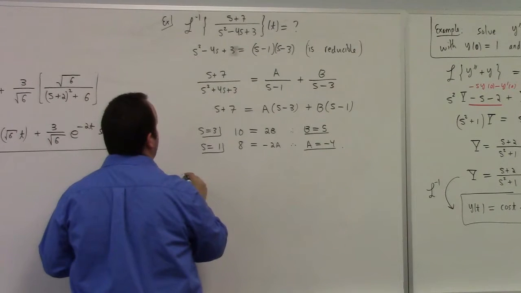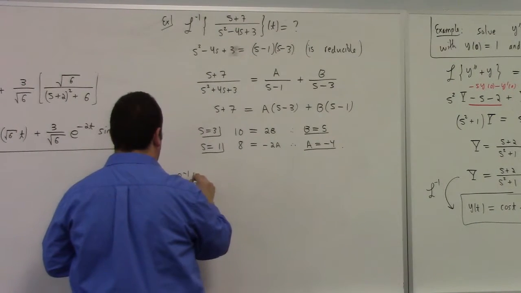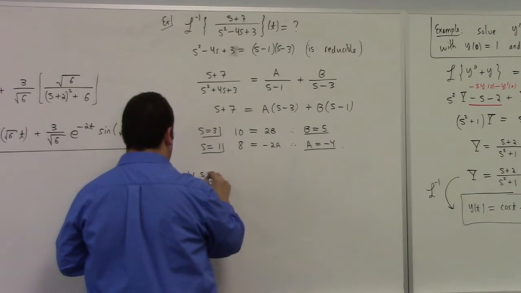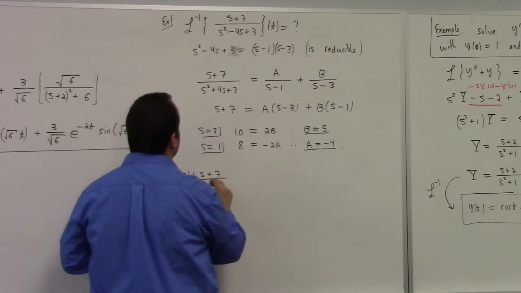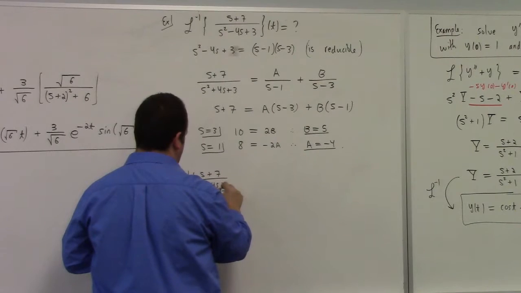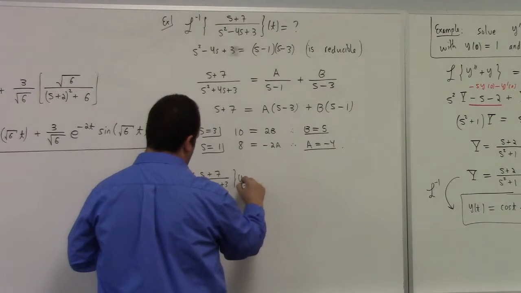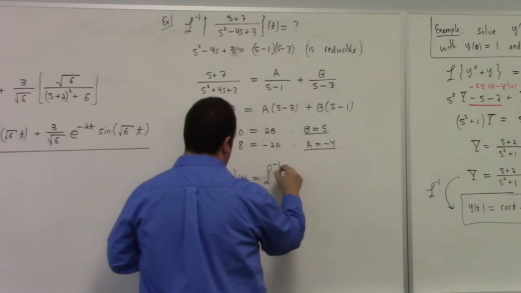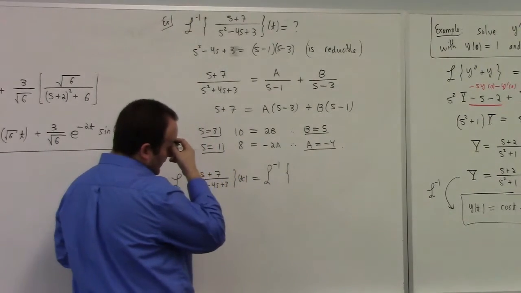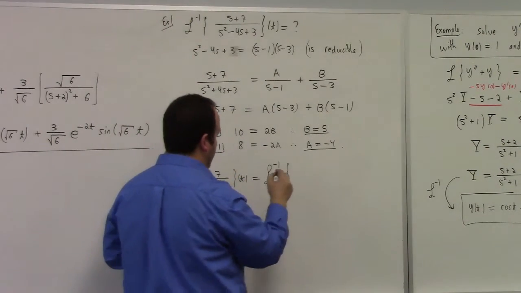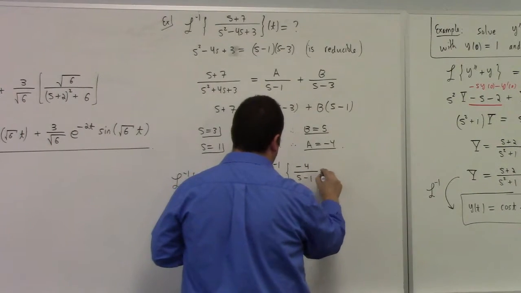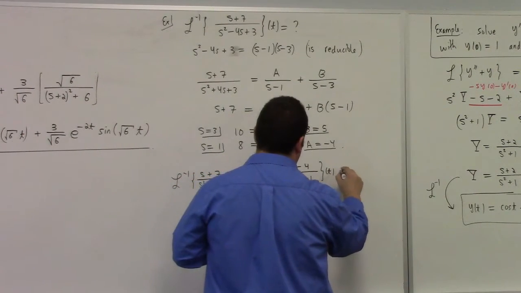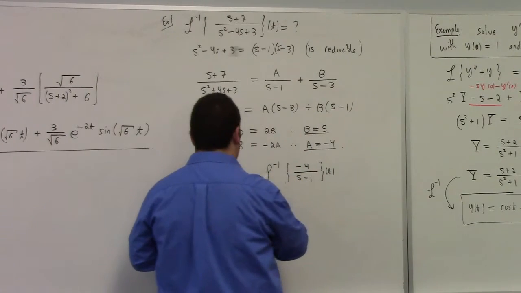So what we're really looking at is the inverse Laplace transform of s plus 7 over s squared minus 4s plus 3. I should have given this a name. It's a pain to write again. It is the inverse Laplace transform of minus 4 over s minus 1 plus 5 over s minus 3.